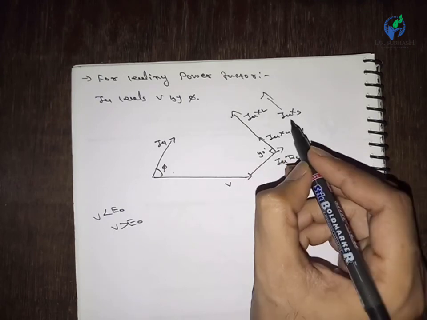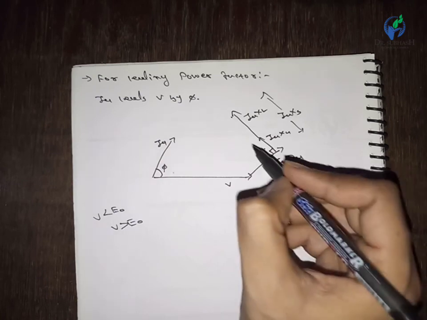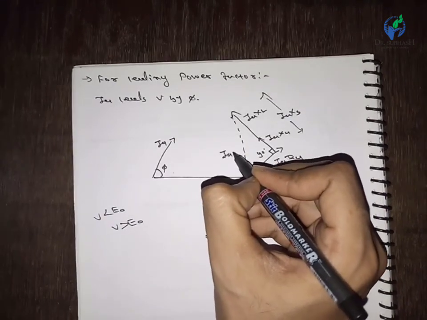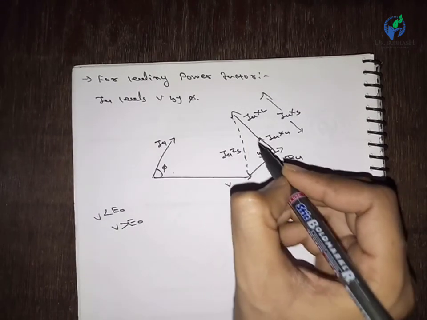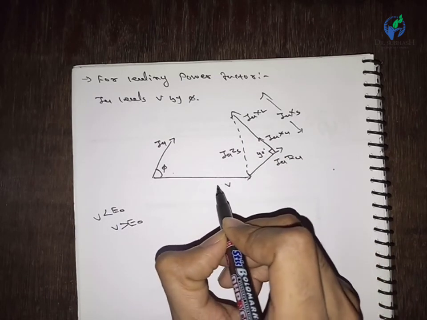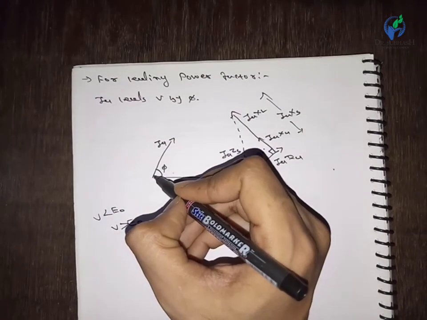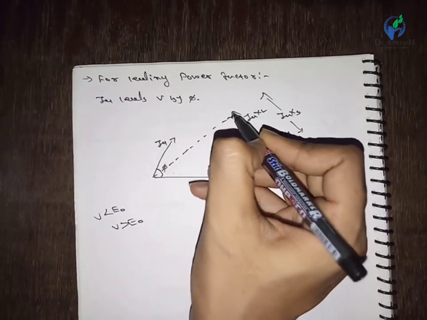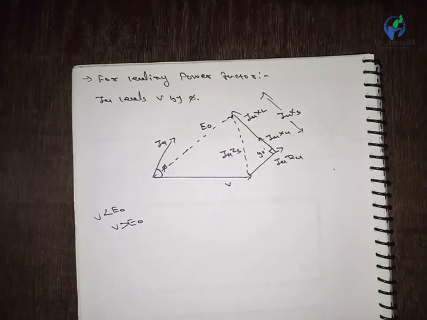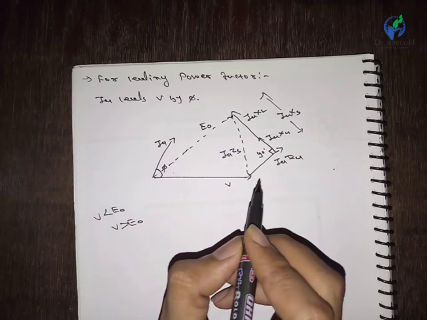When we take the resultant, the resultant output is Ia into Zs. When we draw the resultant of V plus Ia into Zs, there is E0. So friends, this phasor diagram represents the leading power factor of a synchronous generator.